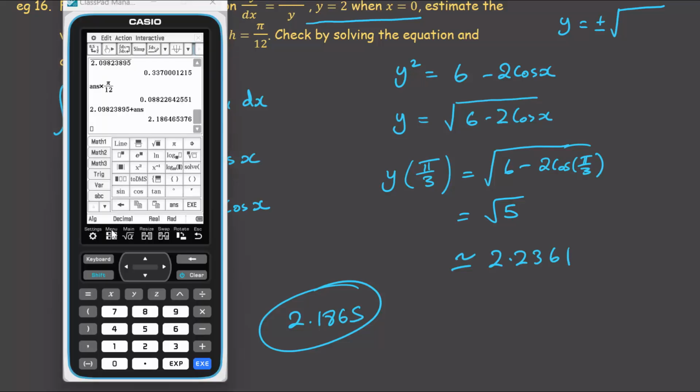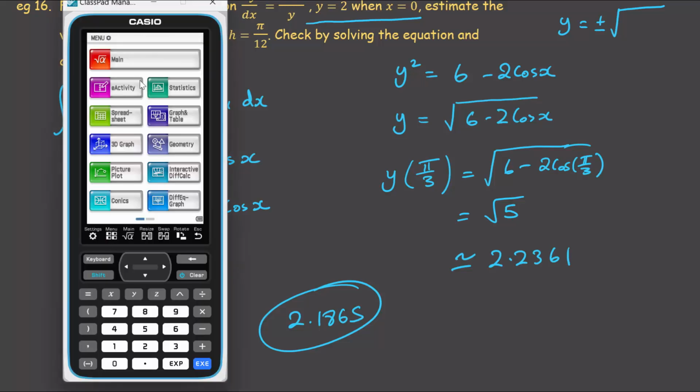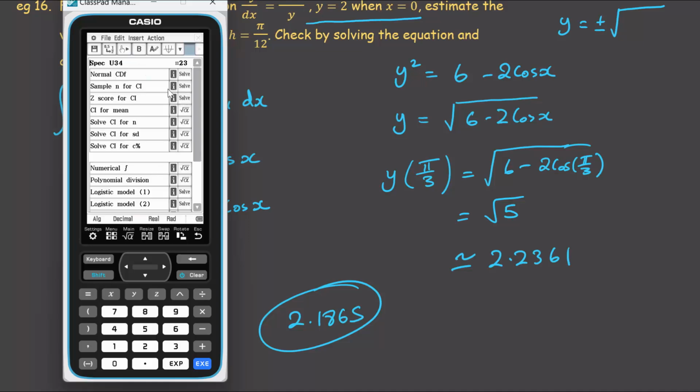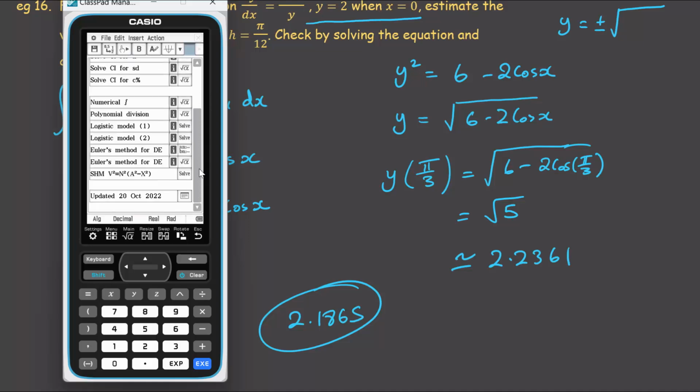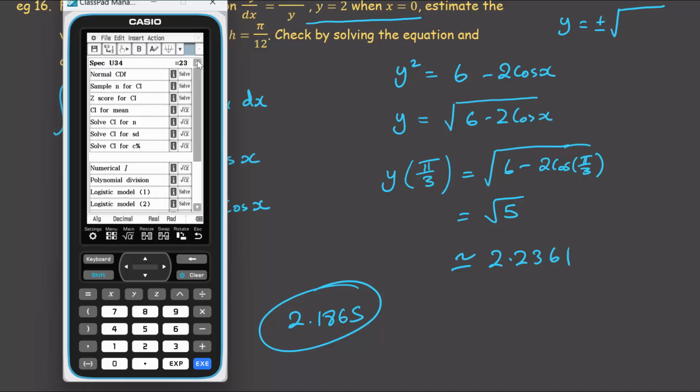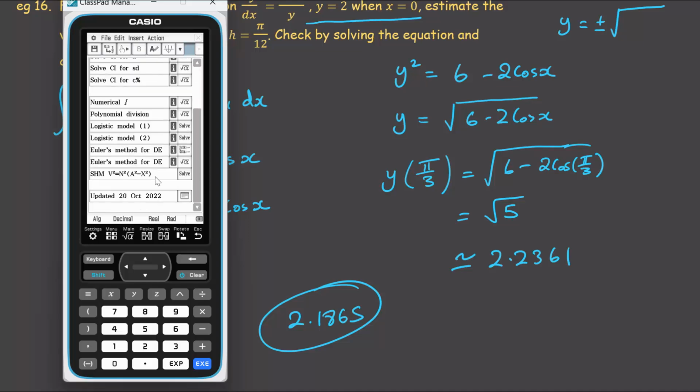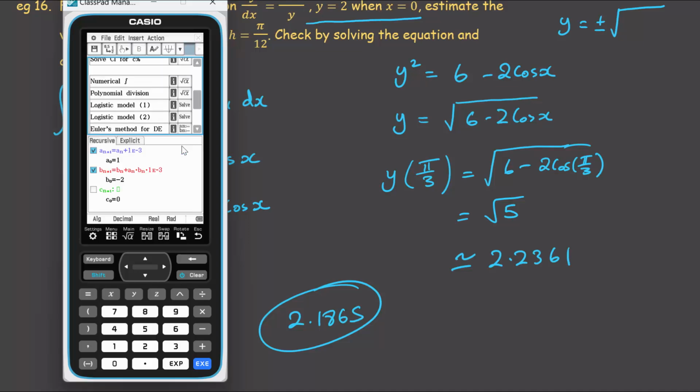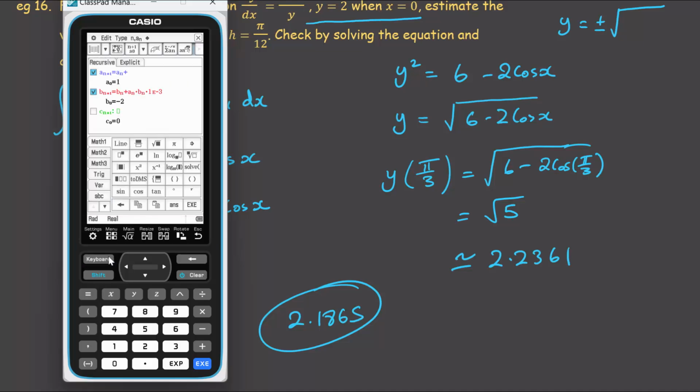Let's check what we've been doing with the calculator. So the activities were on spec, and I like to use Euler's method. So where are we? Euler's method using the sequences. And we did a step length here, which was pi by 12.